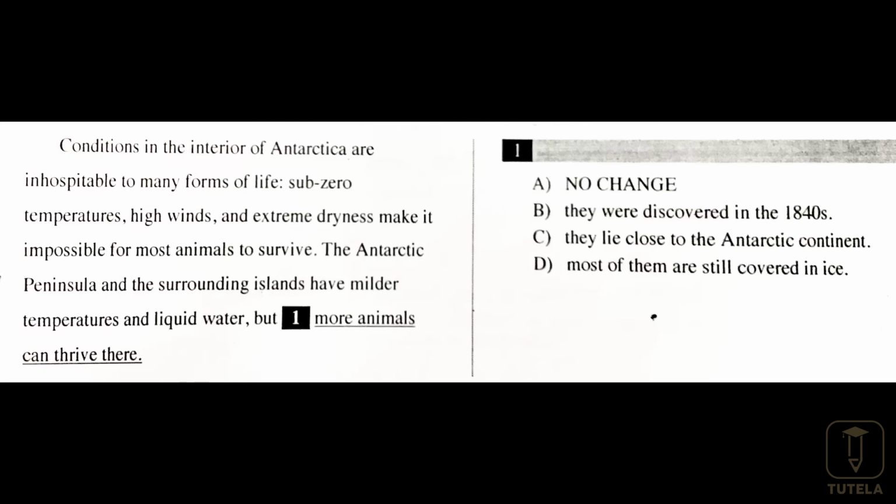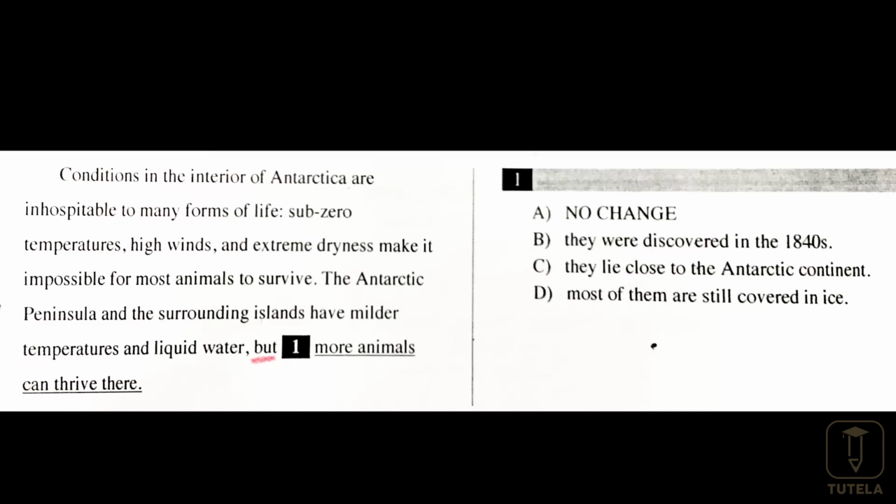So let us read the sentence at hand. The Antarctic Peninsula and the surrounding islands have milder temperatures and liquid water, but. So we have a transition word given to us already. But is an opposite direction transition word. So this is a contradictor.